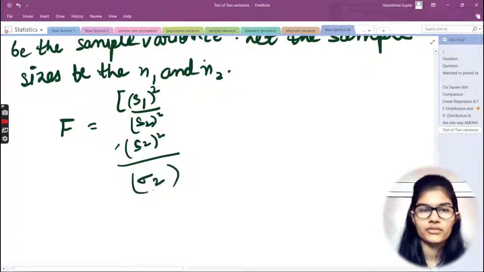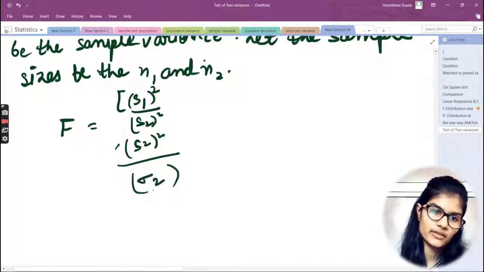So this is the formula we have here: S1 upon sigma 1 and S2 upon sigma 2.